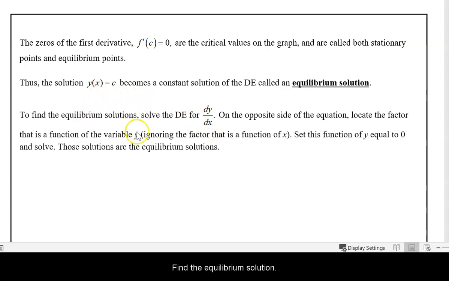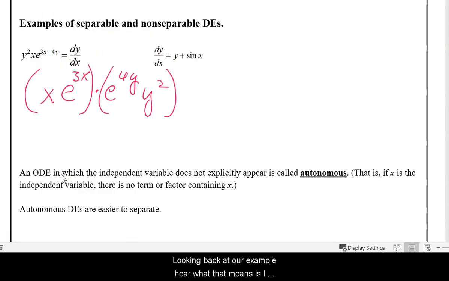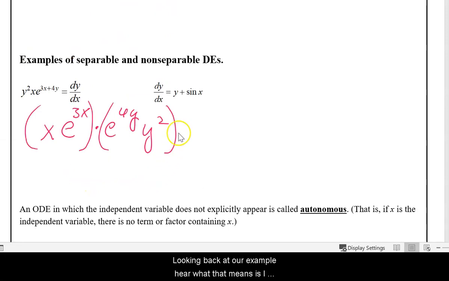To find the equilibrium solution, you will locate the factor that is a function of the variable y. In other words, ignore the parts that are simply a function of x. This is the g of y in what we did above. You'll set this function of y equal to 0 and solve. Those would be the solutions that are called equilibrium solutions. Looking back at our example here, what that means is I would take this part here, e to the 4y times y squared, and set it equal to 0.